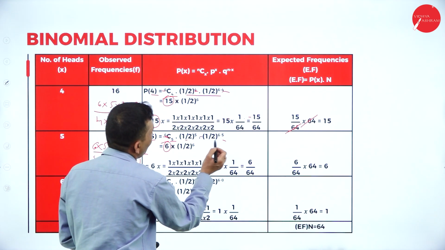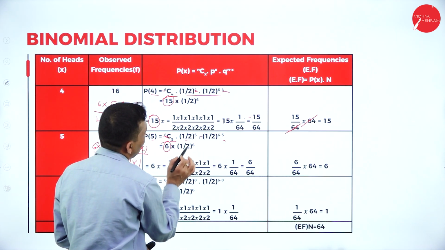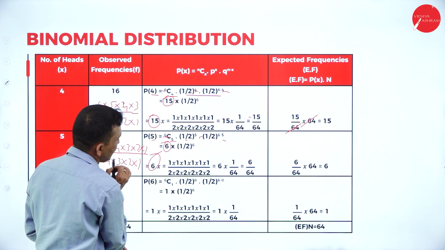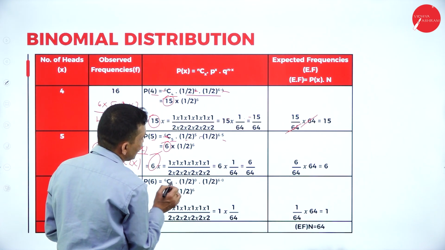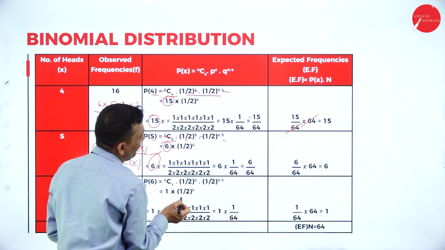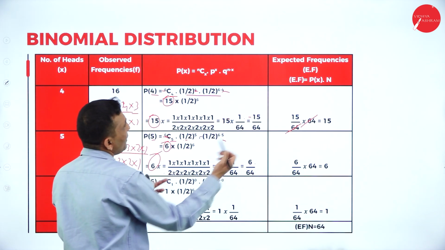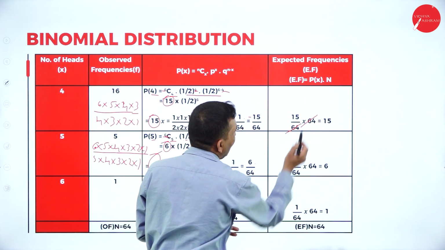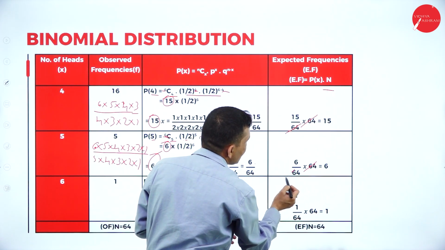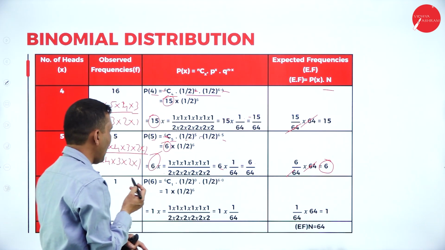Now p and q value are common, only one time you are writing, the 6 as it is I am writing. So 1 by 2 multiplied 6 times, if you multiply, 6 divided by 64. Now you have to multiply with the frequency value, 64 cancel, 6 is the remaining.